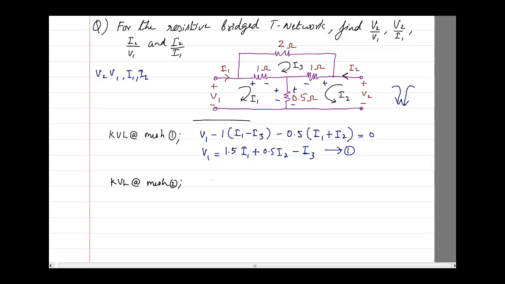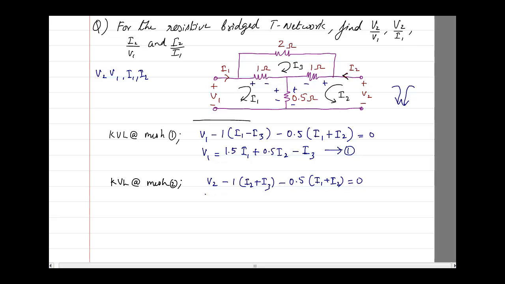So I will write this as V2 minus 1 times, now see I2 and I3 the direction are the same, so (I2 plus I3), then minus 0.5 I1, not minus, plus I2. Why? Because they are in the same direction.